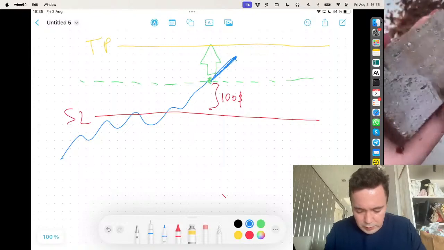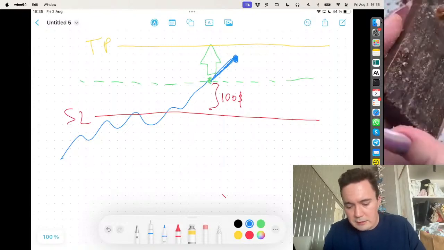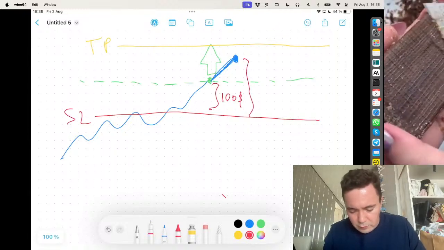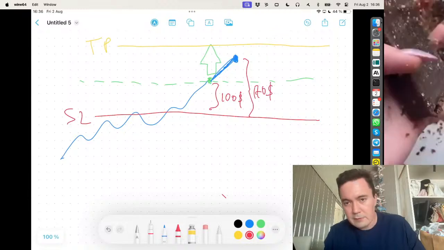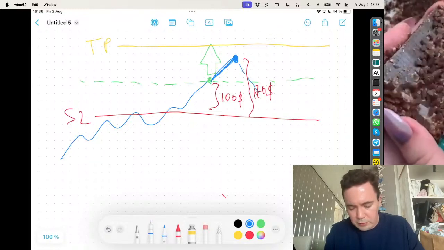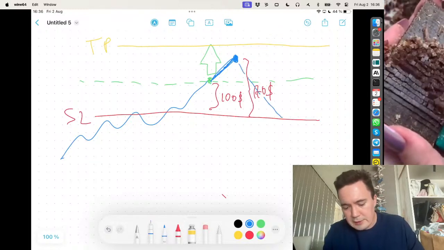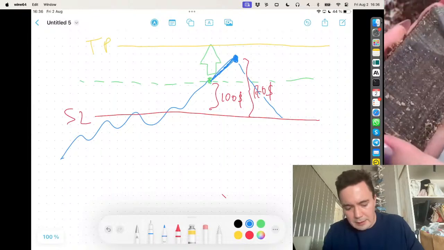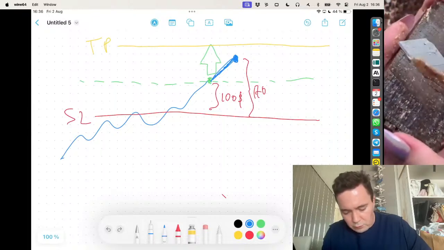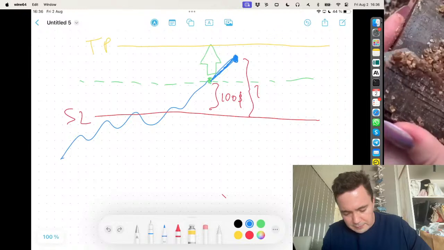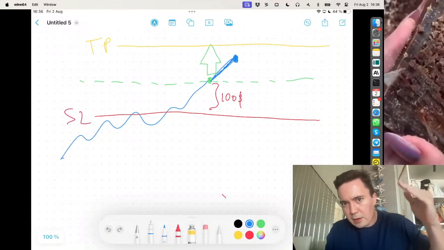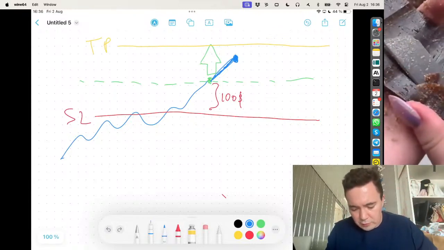So at this point, when the price reached this level, your stop loss is, for example, $170 away from you, right? So if the price goes down from here, you will lose $170 from the current place. Wouldn't it be nice if your stop loss also moves up as your price goes in your favor?